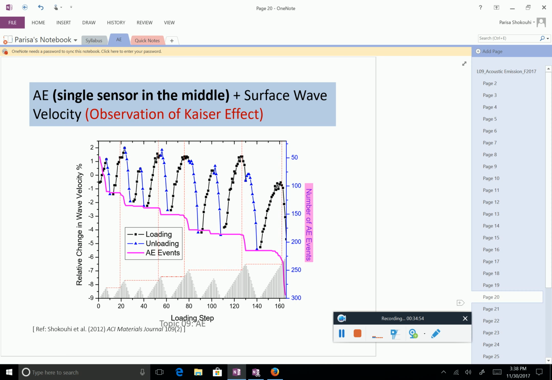Then you can just have one sensor and that would be fine. I don't know if I put a picture of that. No. Where would you put it if you only had one sensor and one sample?